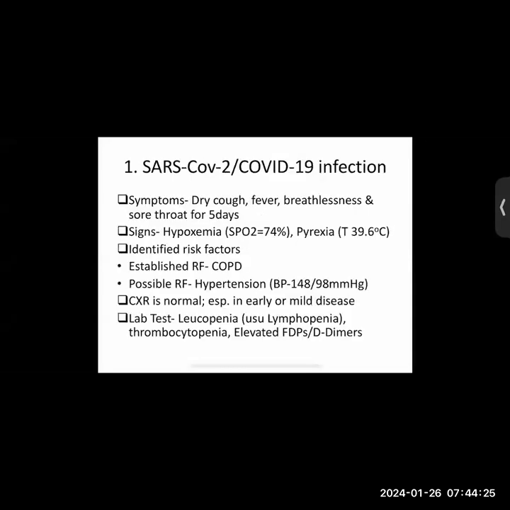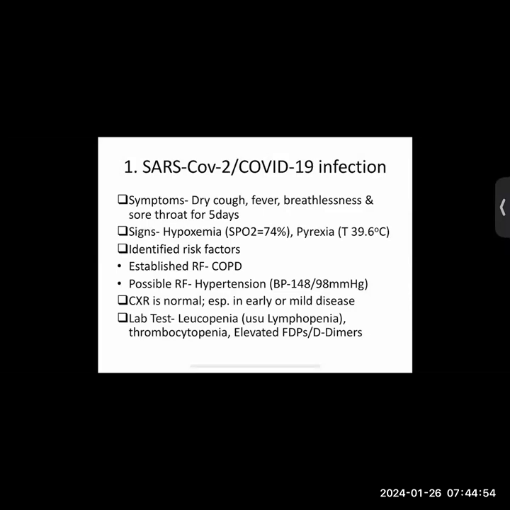Next slide, please. The reason why I'm thinking of SARS-CoV-2 infection, COVID-19, is because of the symptoms of dry cough, fever, breathlessness, and sore throat of 5 days, with signs of hypoxemia, SpO2 of 74, and pyrexia of 39.6, and the identifiable risk factor, which is that the patient is a known patient with COPD, then also the possible risk factor of hypertension, although the blood pressure was only given once.